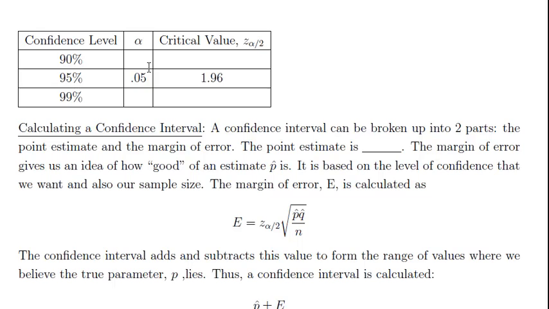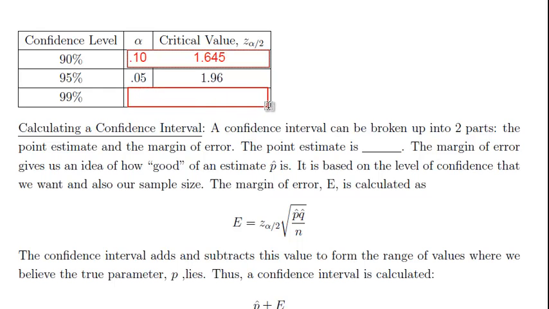levels. So a 90% confidence interval, what you would use in your formula, that would correspond to an alpha level of 0.10, and then a critical value, we use 1.645. It doesn't really matter if you round it down or up, but to 3 digits is 1.645.